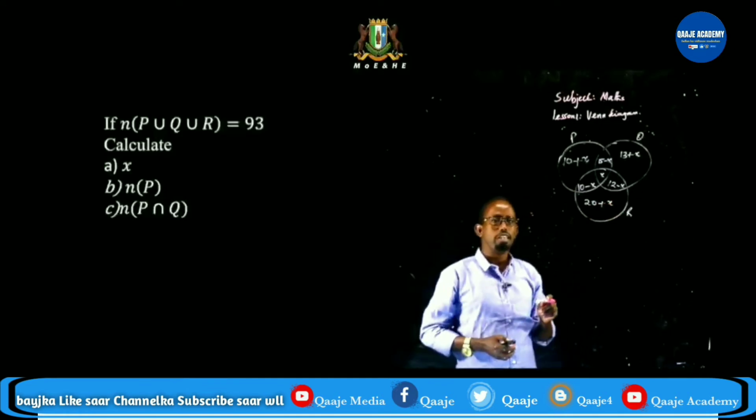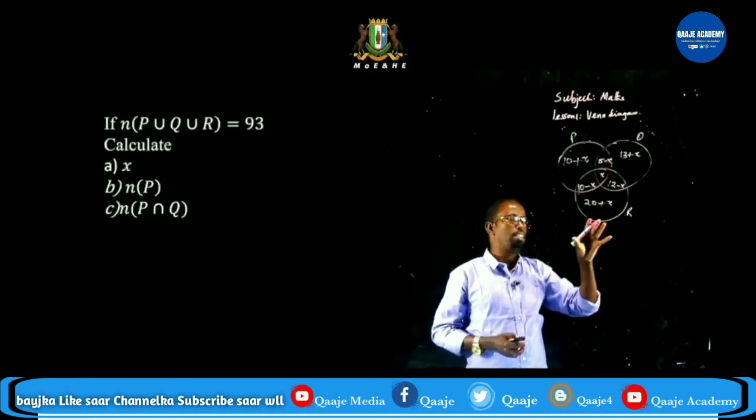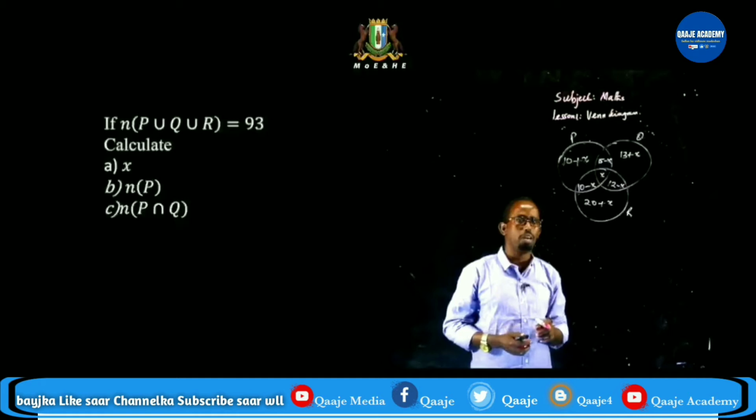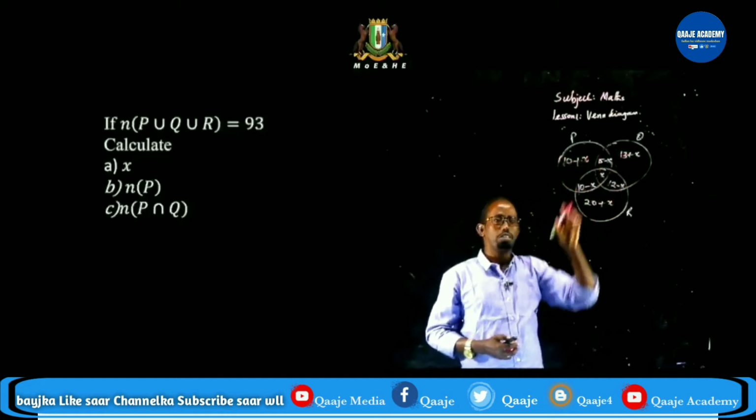Now the question is, if the union of these 3 sets is equal to 93, find or calculate X. The union of all these 3 is 93.